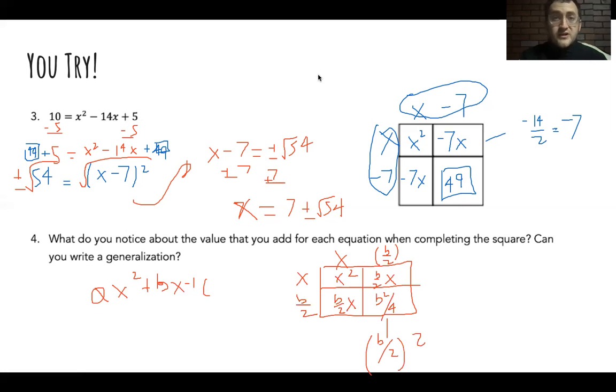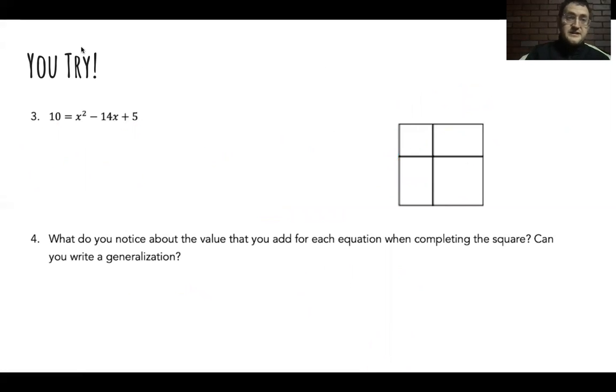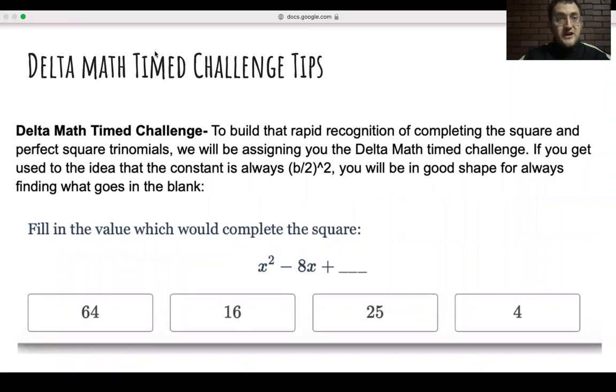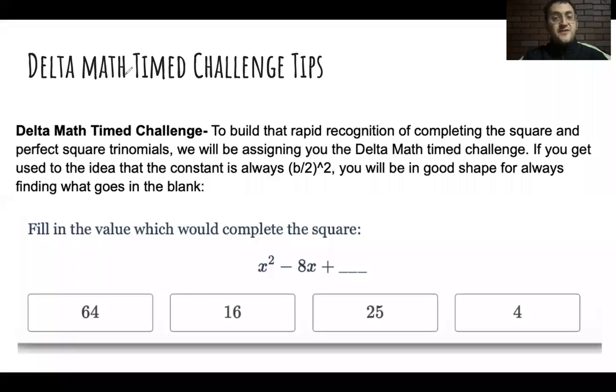So let's actually take a look at that. On Delta Math, one of the things we're going to give you is just a simple time challenge. It says find a value that completes the square. So the easy way to do it is to just do b over 2 squared.